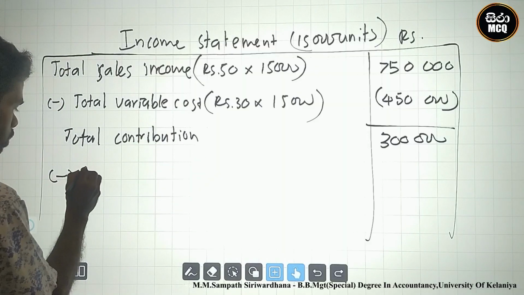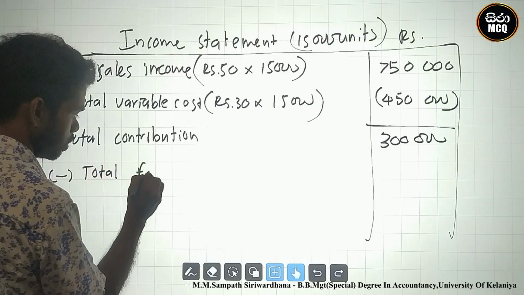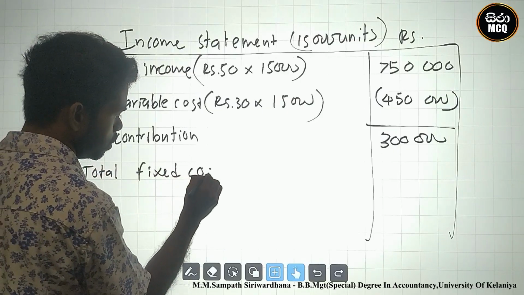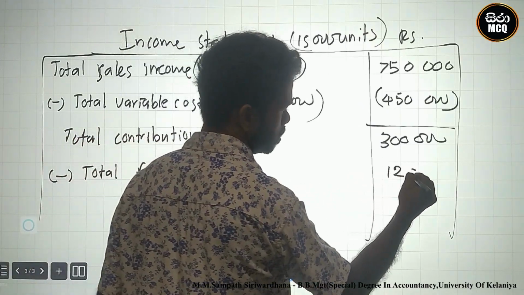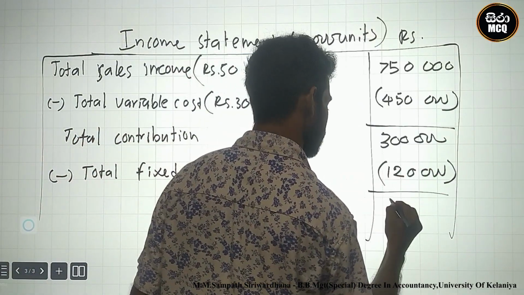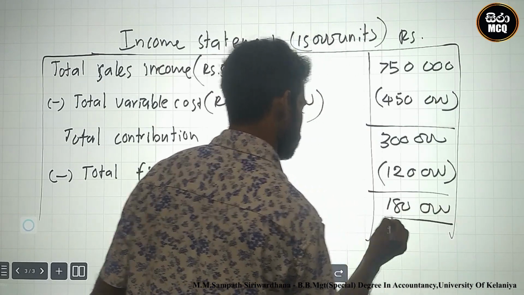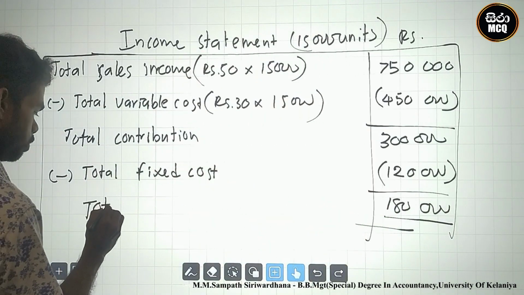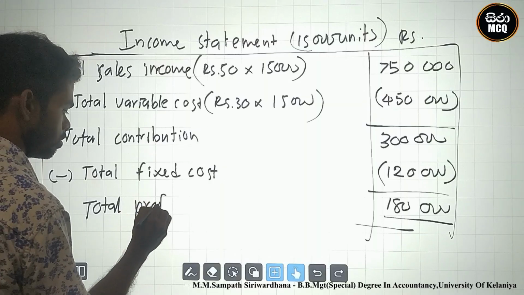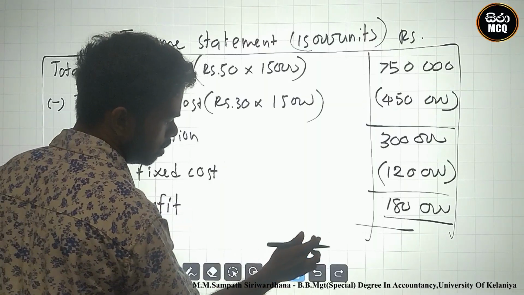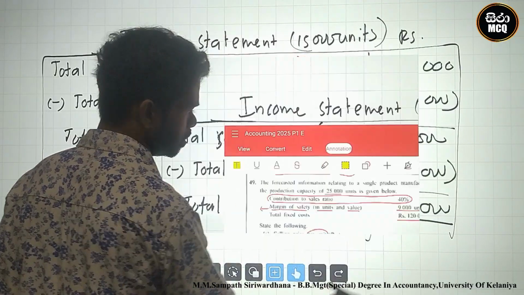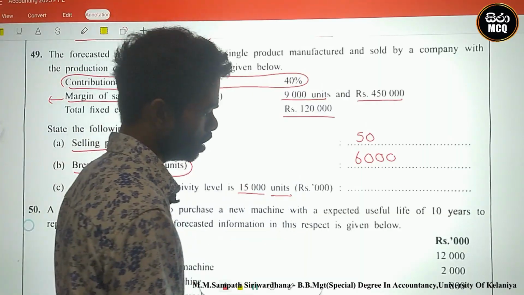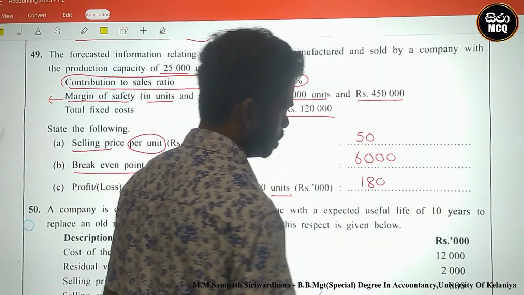Then we deduct the total fixed cost of 120,000, and we easily find the total profit of 180,000 as the answer.